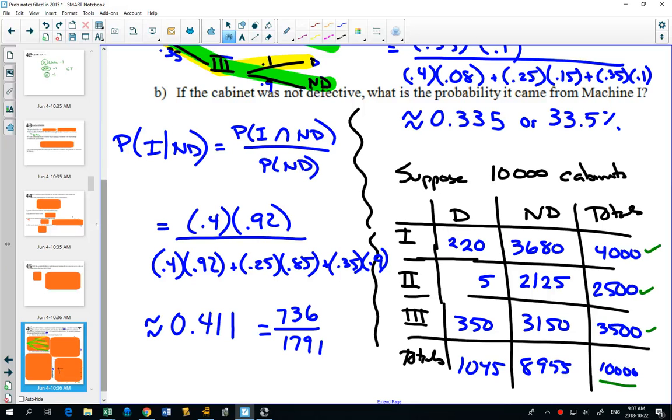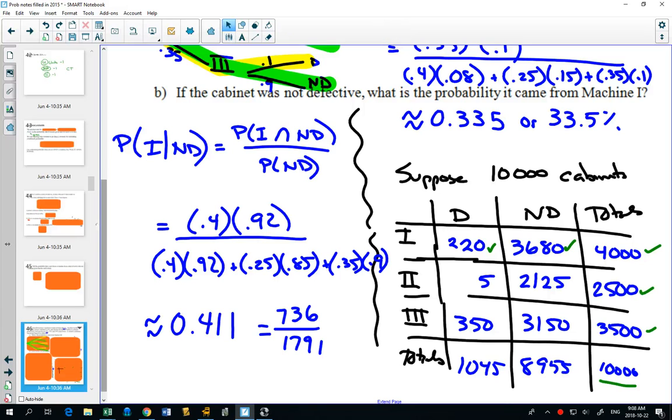If I chose a smaller number, like 100, it might be that when I go to do 8% defective and 92% good, I have to take 8% of the 4,000. So I need a nice number that works out that way. And 8% of 4,000, or 92% of 4,000 is 3680. So just choosing an arbitrarily large number gives us good values this way.